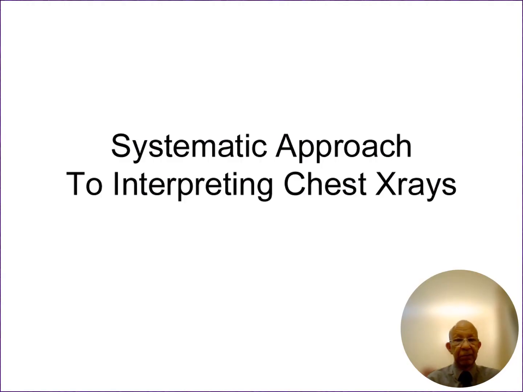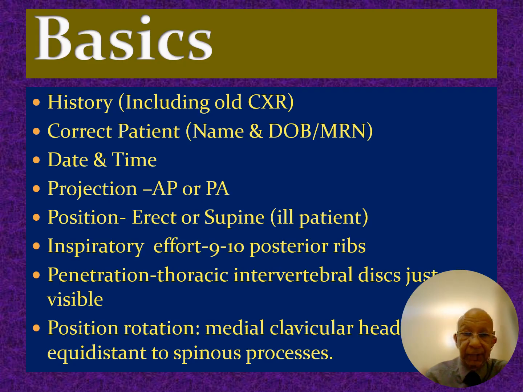Now, how do we take a systematic approach to interpreting a chest X-ray? You really need to go through these steps in a very structured way. The history, including an old chest X-ray, be aware of that. Then make sure that you're looking at the correct patient's name, date of birth, and medical record number, and the date and time the X-ray was taken.